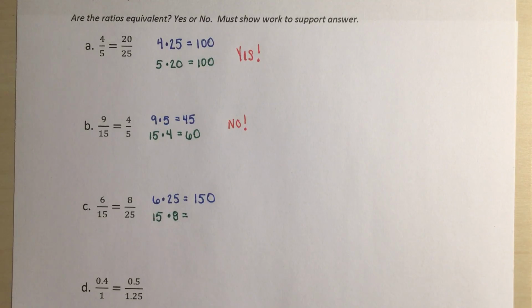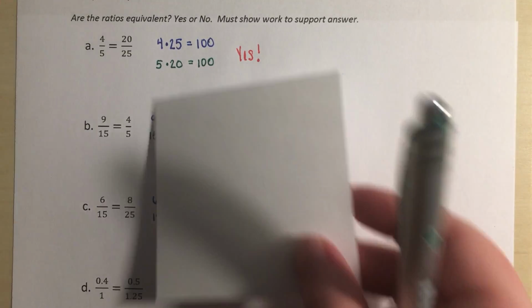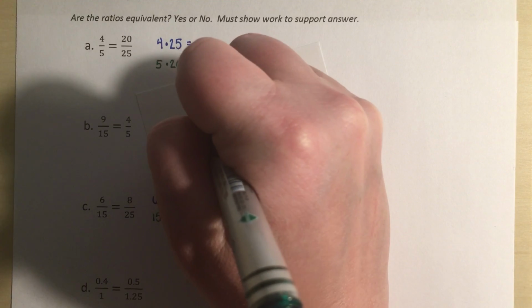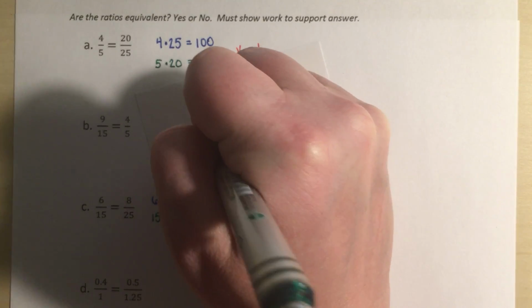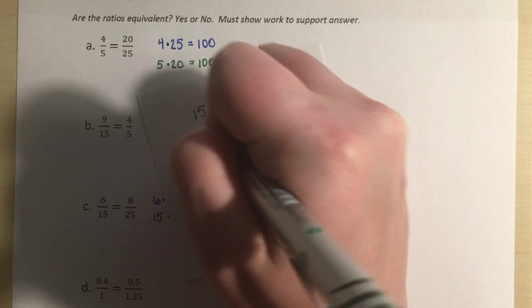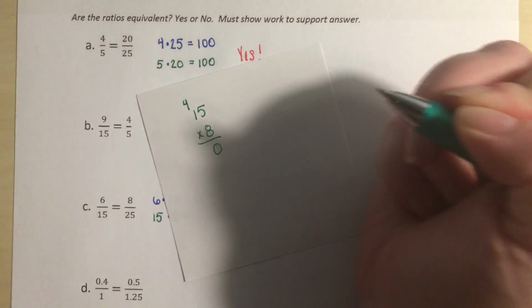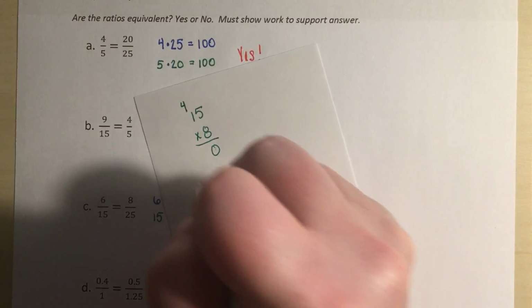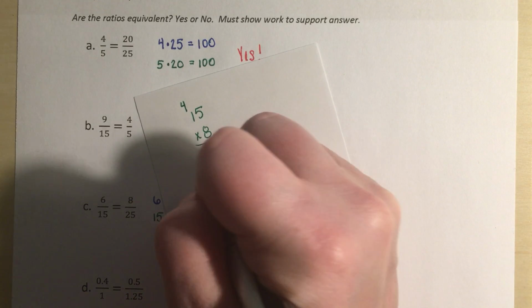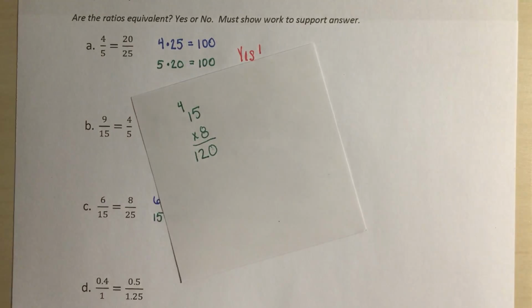Again, if you're not sure of the arithmetic off the top of your head, we can grab a sheet of scratch paper. 15 times 8. 8 times 5 is 40. 8 times 1 is 8. Plus 4 gives us 12. So 15 times 8 gives us 120.